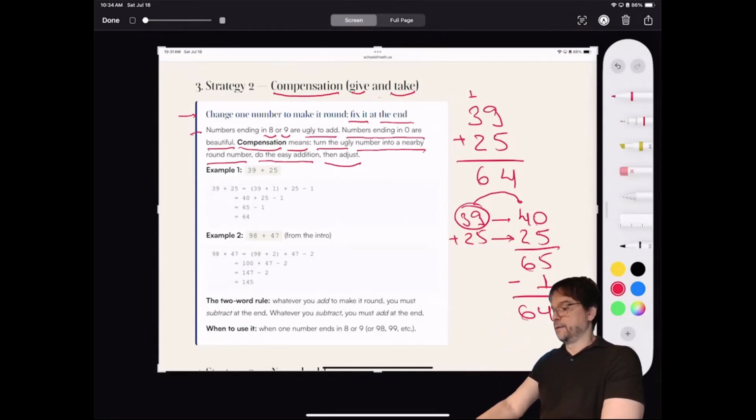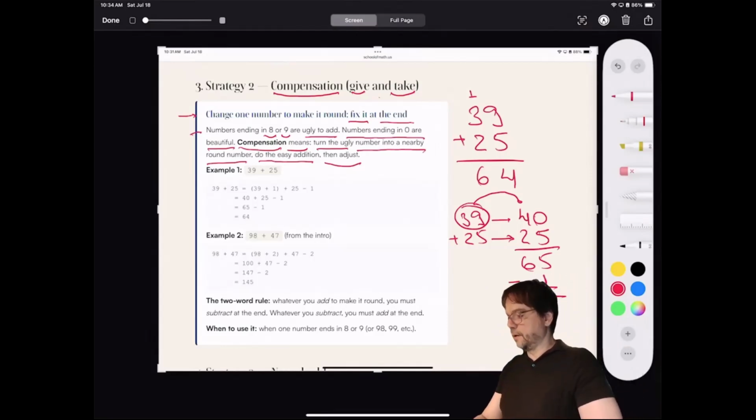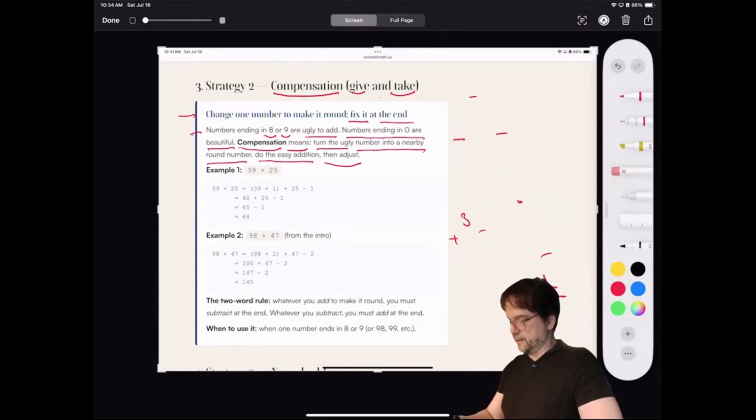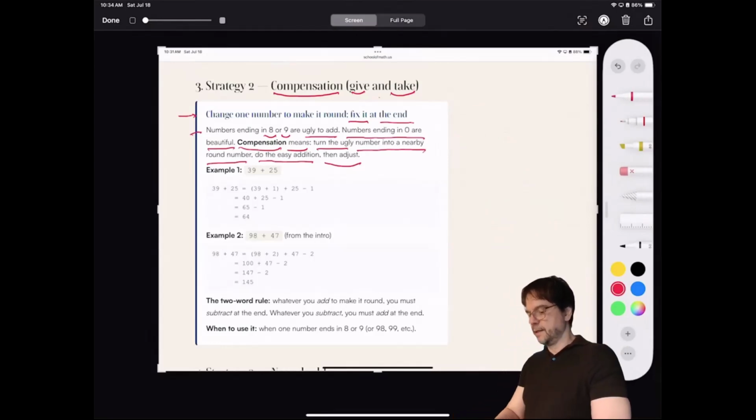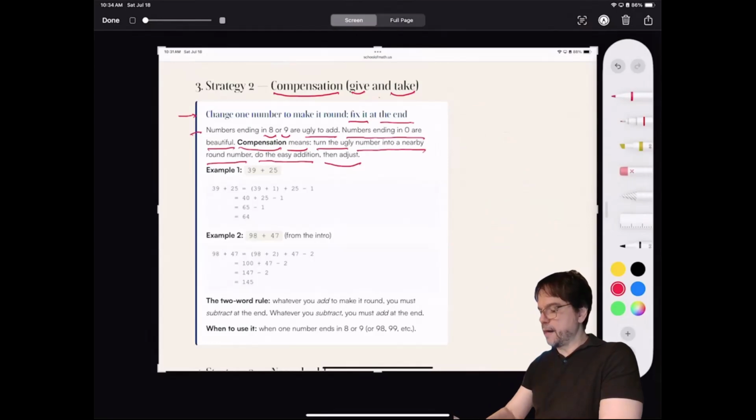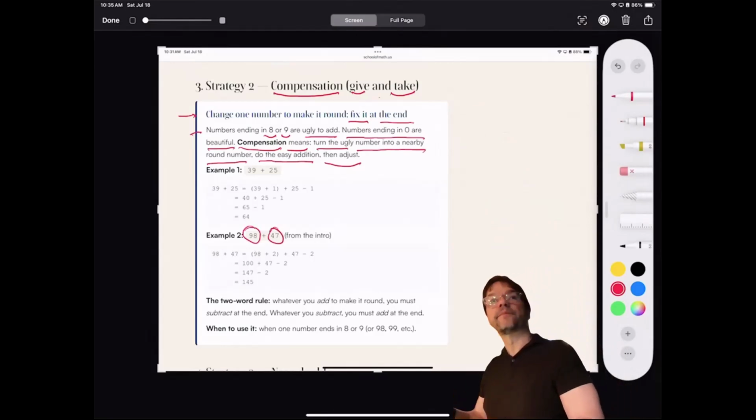Is that okay? Now, I will ask you another favor. Let me create space here. Please do, without writing on the paper, 98 plus 47.